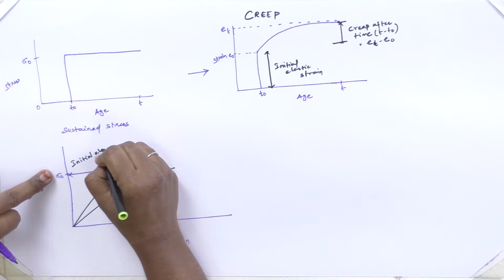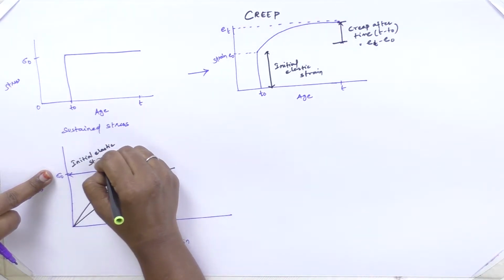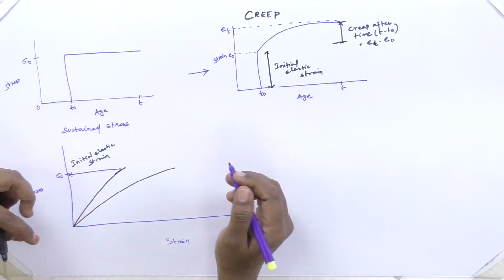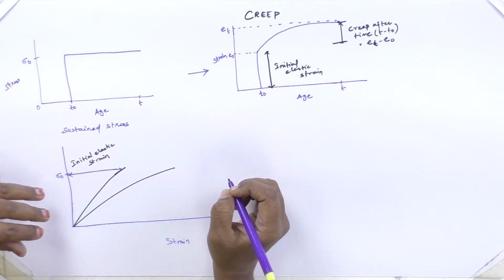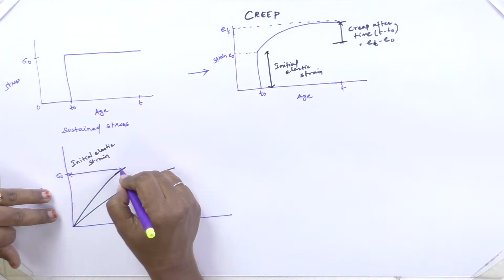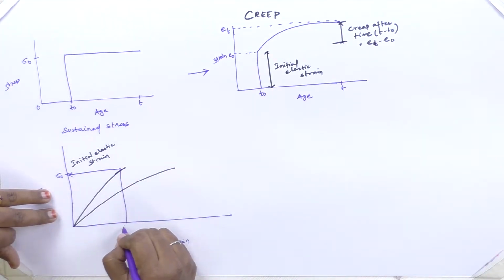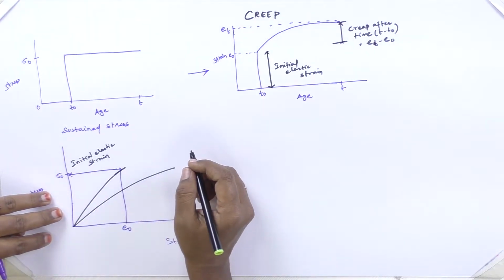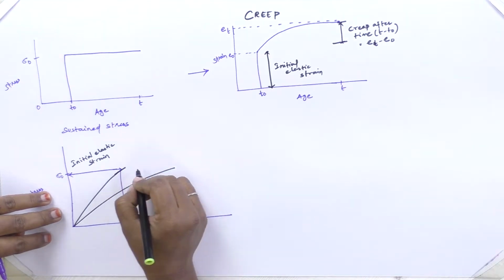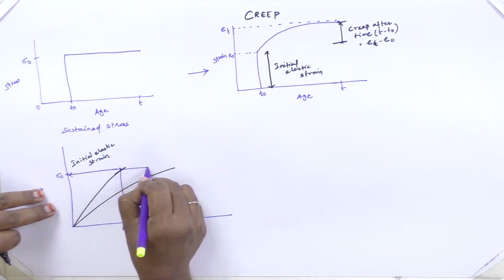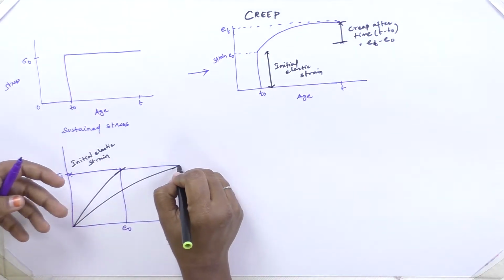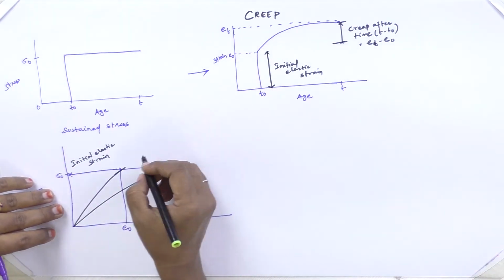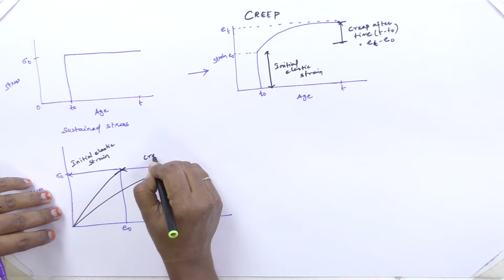So, initial elastic strain, that is E naught, and here ET, and this is called creep.